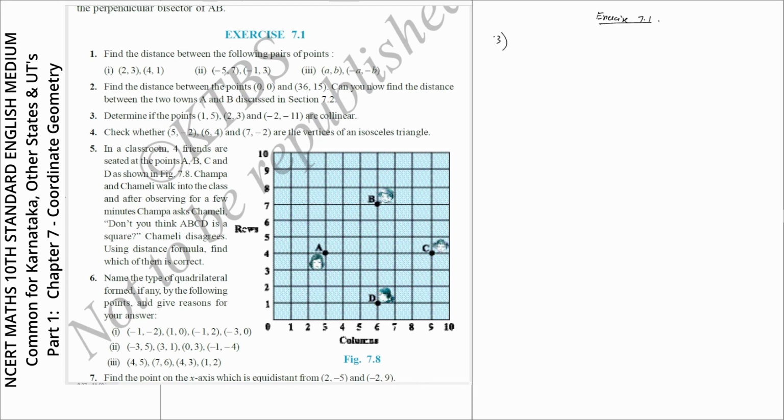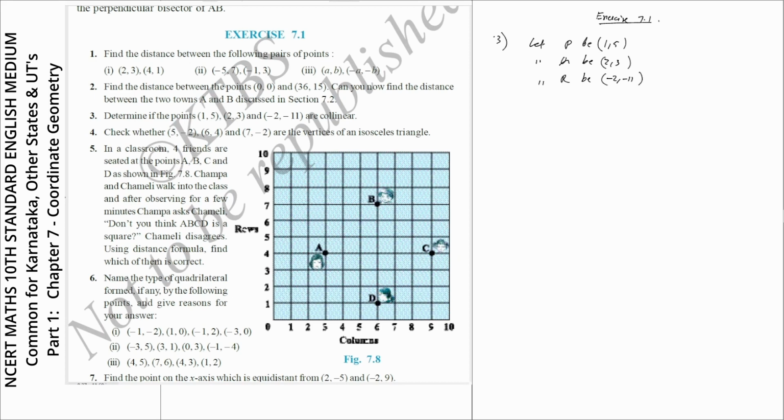Exercise 7.1, question number 3. Determine if the points (1, 5), (2, 3) and (-2, -11) are collinear. Okay, I'll take P as (1, 5), Q as (2, 3) and R as (-2, -11).